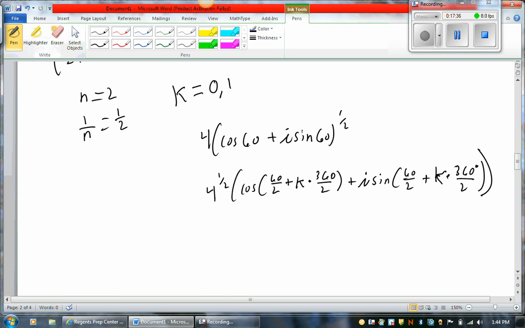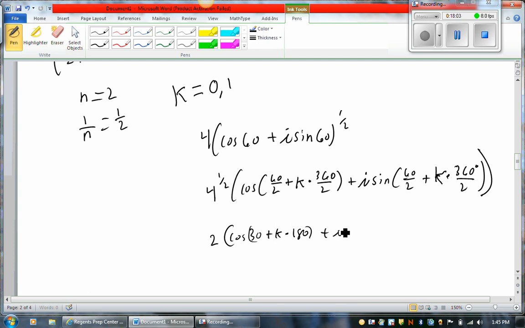And now all we have to do is simplify. 4 to the 1/2 is radical 4, that's 2. Cosine of 30 plus k times 180 degrees. That's the angle for cosine.